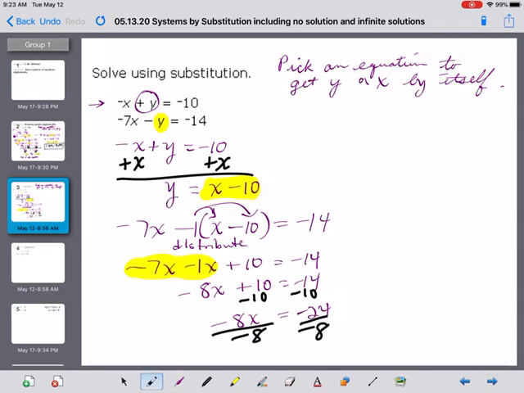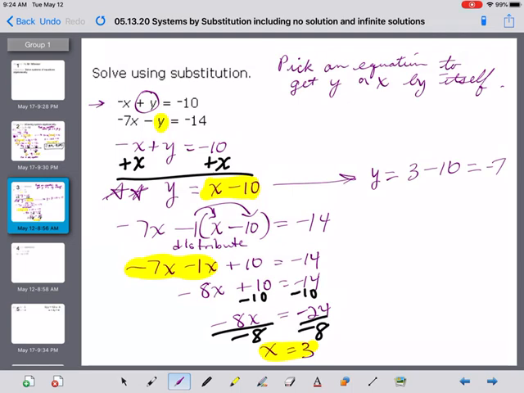Divide by negative 8. X equals 3. Okay, we're partially done. Now we want to get y. So you put it into any equation, but what's the easier equation? This one that you already solved for y. So y equals 3 minus 10. 3 minus 10, negative 7.